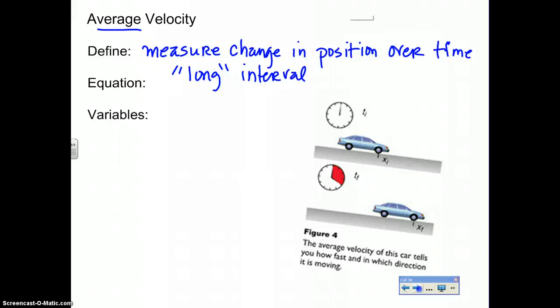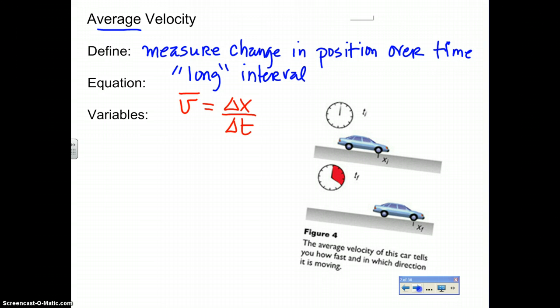So when we're dealing with velocity, we recognize that we are paying attention to a displacement, a change in position over time. So that means our average velocity is going to be indicated with a letter V and a line over it, and it's going to be a change in position over time.